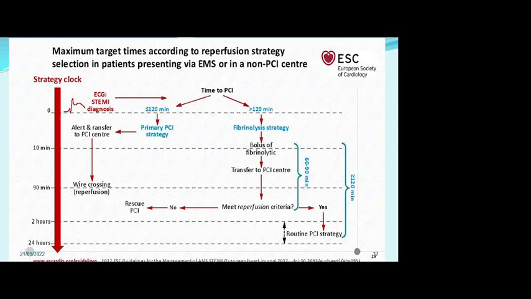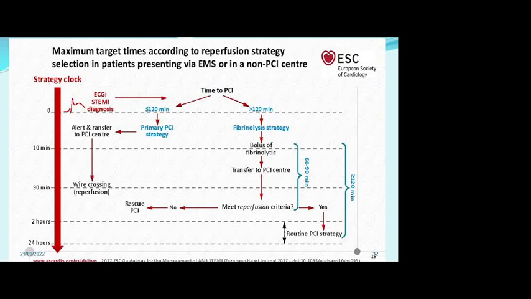It may be available in the same hospital, or in a nearby hospital. If you can transfer and do the PCI within 2 hours, that is the form of treatment. If that is not possible, you should consider thrombolysis as an option to treat these patients.